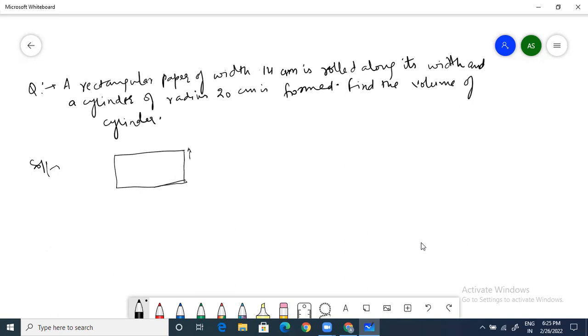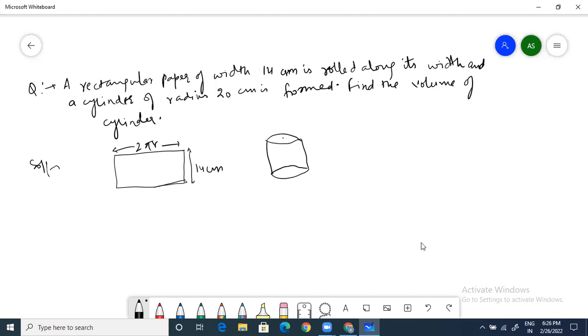We are rolling this along the width, which means we are rolling it this way. Which means this line will become 2 pi r. This whole length will become 2 pi r, and it makes a cylinder, and the cylinder is like this.